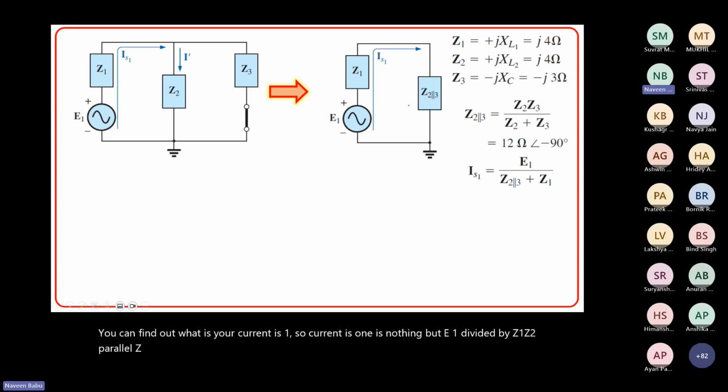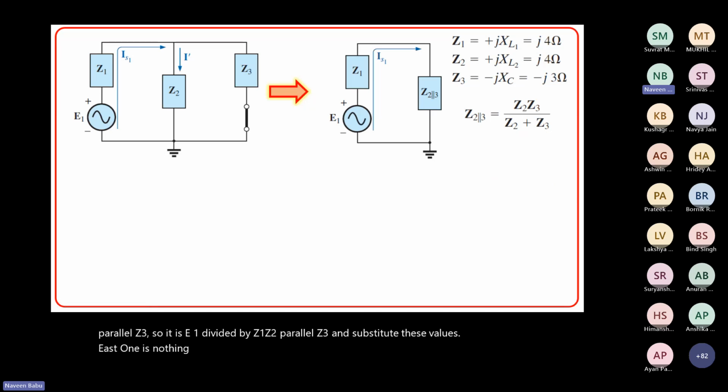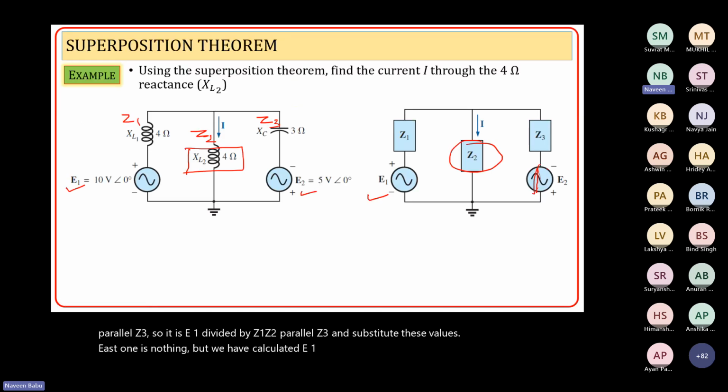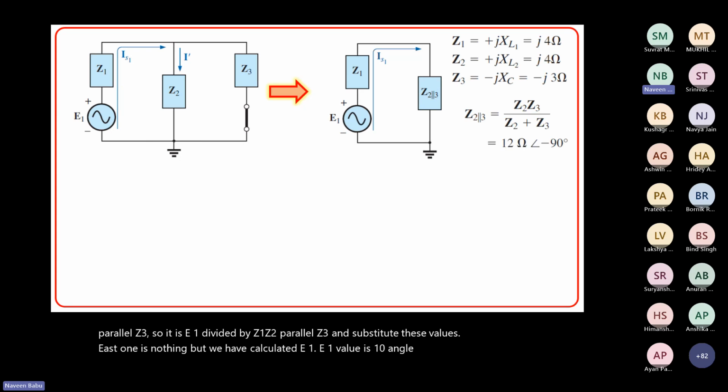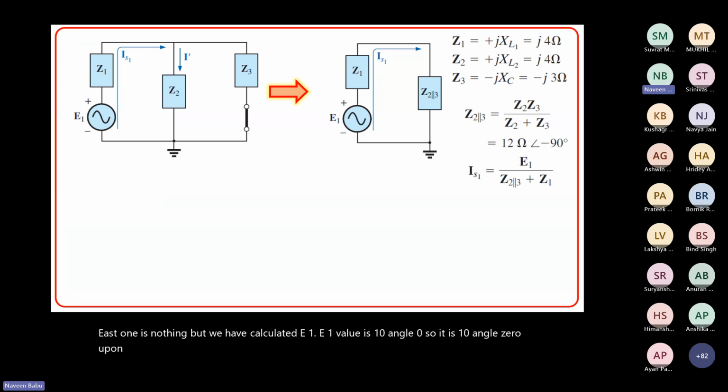Substitute these values. E1 value was 10 angle 0. So it is 10 angle 0 upon 12 angle minus 90 plus j4 or 4 angle 90. So it is 1.25 angle 90.